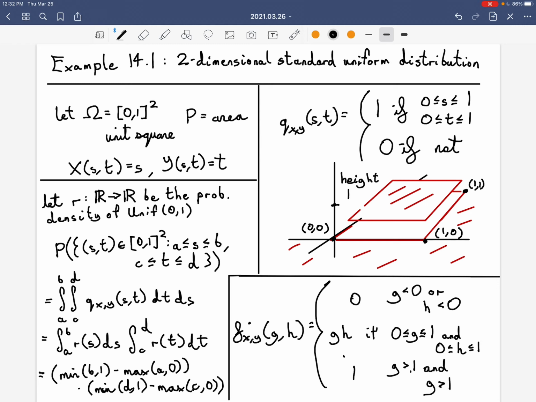Okay, so you can see on the right in red, I have a picture of the probability density function for the standard uniform distribution. And the probability density for the one-dimensional standard uniform looked like a step function of height 1, which kind of looks like a stick.